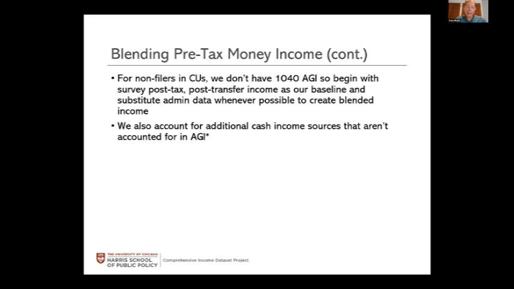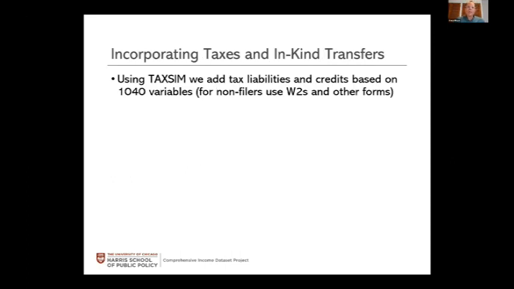For non-filers in consumer units, we don't have 1040 AGI, so we begin with survey post-tax, post-transfer income as our baseline, and we substitute administrative data for various income components wherever possible to create our blended income. We then use TaxSim to add in tax liabilities, really subtract them, and add in credits based on 1040 variables, but those variables don't include tax liability, unfortunately.